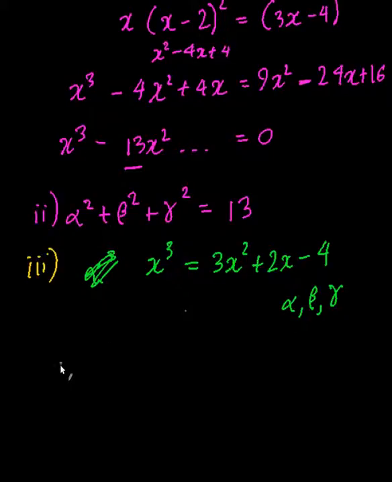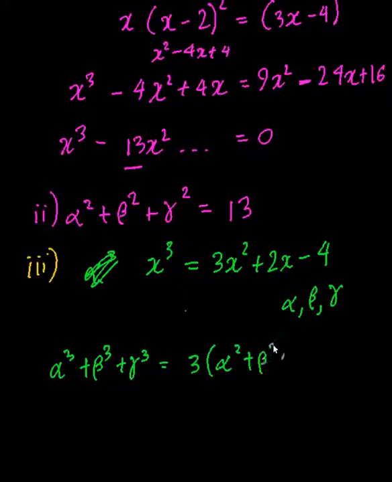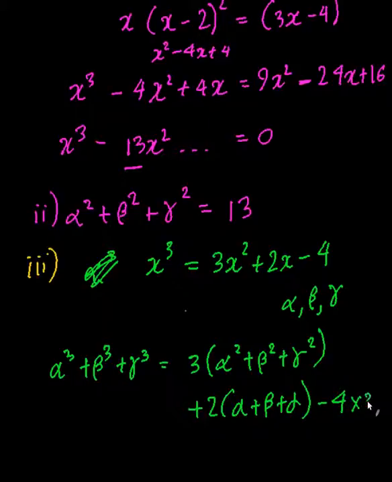Therefore, the sum of alpha cubed plus beta cubed plus gamma cubed is equal to 3 times the sum of alpha squared plus beta squared plus gamma squared, plus 2 times alpha plus beta plus gamma, minus 4 times 3. Okay, because I need to use this 3 times.